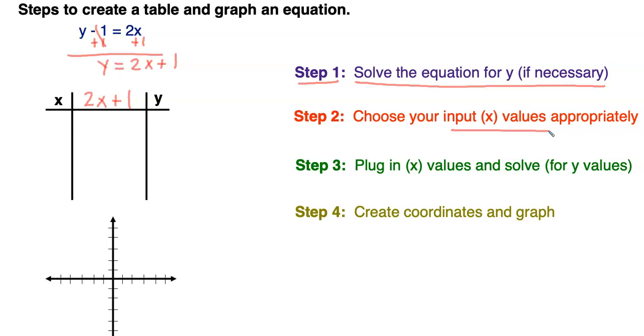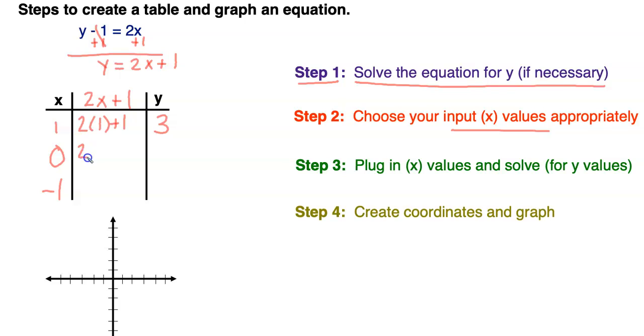So I don't want my values to get too big, so I'm going to use 0 for one of them. 0 is always an easy one to use. And then I'm going to use 1 and then maybe -1. So I'm going to plug those into my equation. I'll put 1 in for x. Well, that means 2 plus 1, so my y value should be 3.